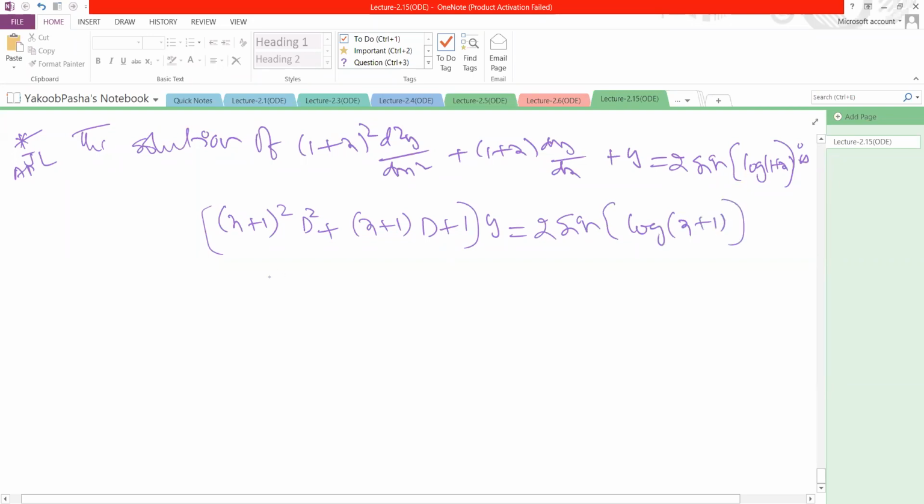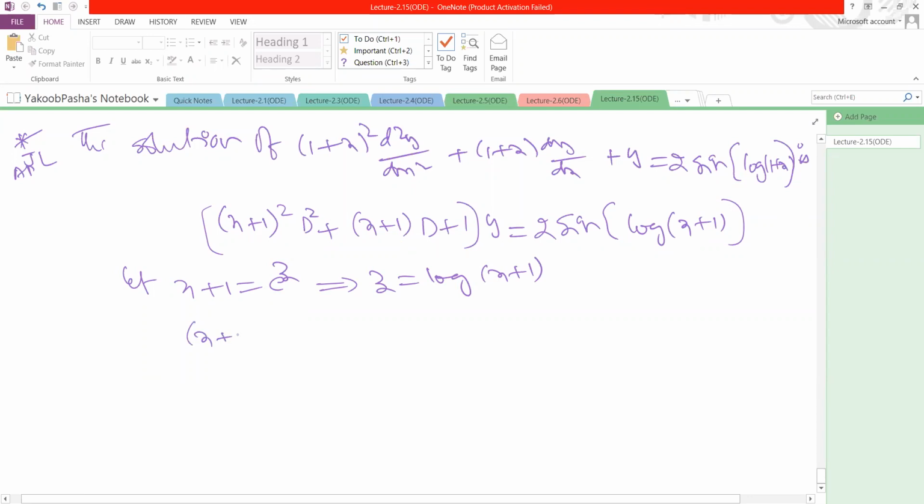So here we have to take ax plus b is equal to e power z. That is, we take x plus 1 is equal to e power z. Then z is equal to log (x plus 1). And substitute the values.